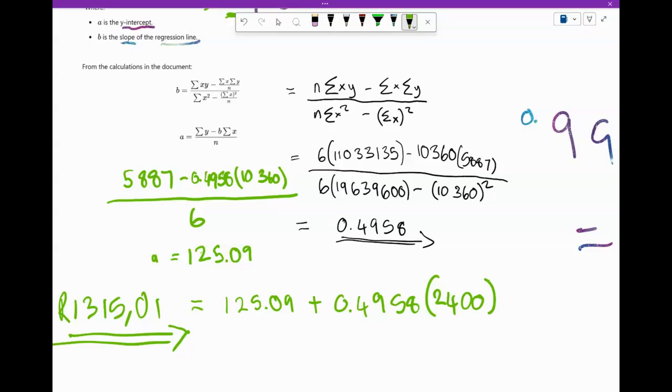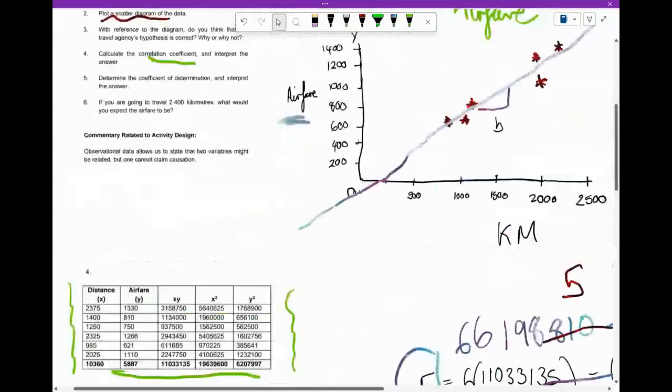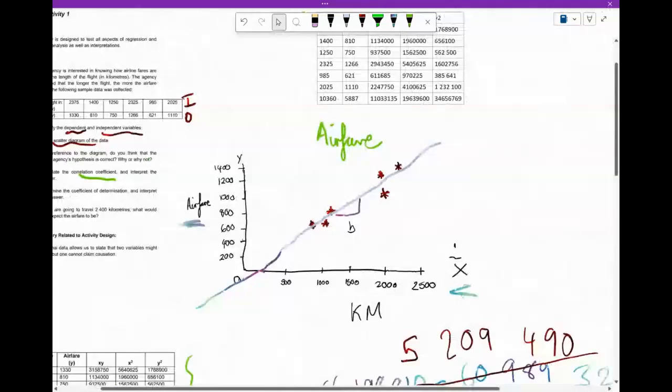And then obviously now we need to find a way of predicting roughly, because this is all about estimating. It's not going to give us the concise answer, because if we look at our graph, it's also not 100% concise. That's why we call it the line of best fit, just so we can get a trend or a feel.